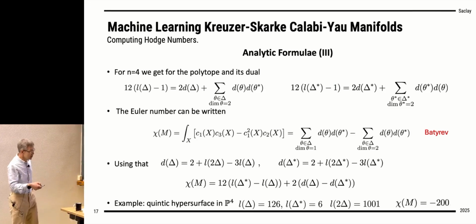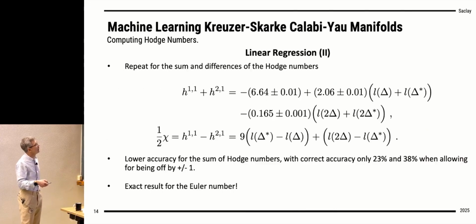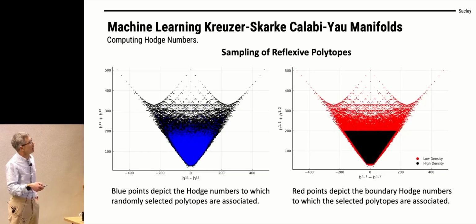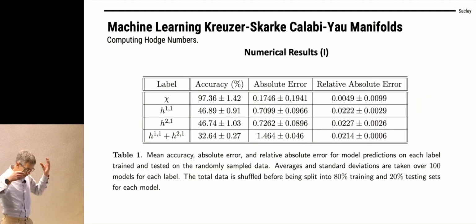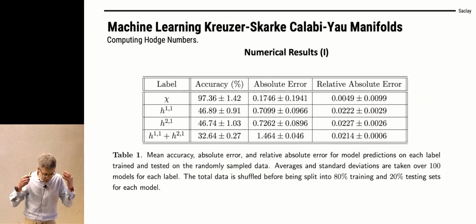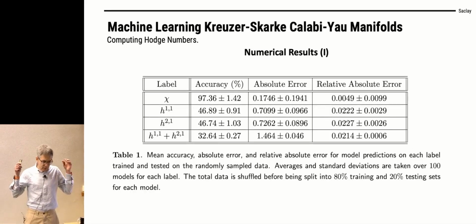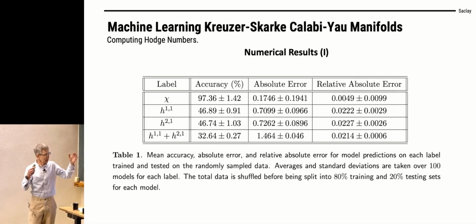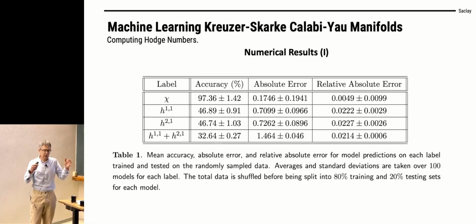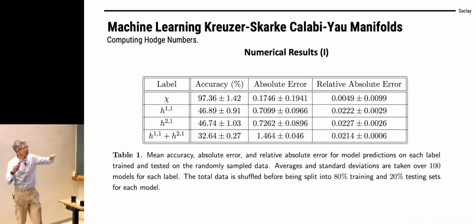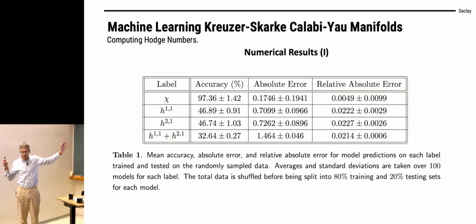Well, the original attempt was to just throw in the data that exists, with the number of vertices tabulated, and I'm not even showing that result because the accuracy was such that it didn't give us anything.